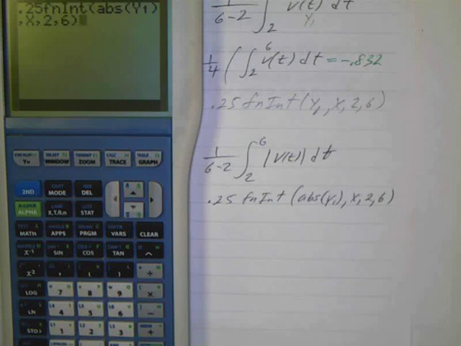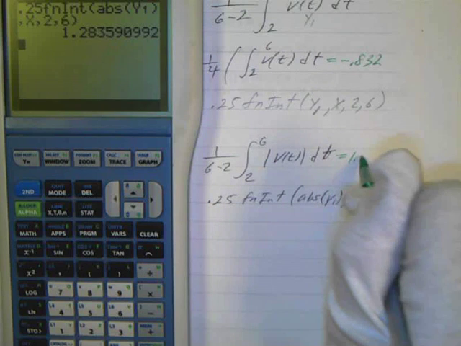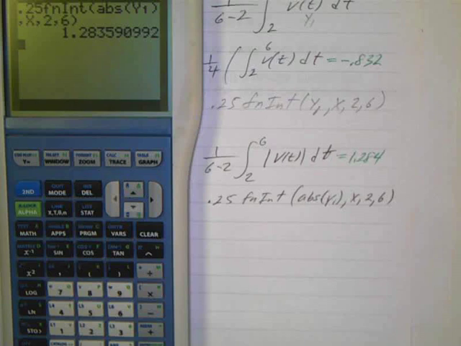So there you go, double check everything, make sure everything's put in, and poof. That should give me the average speed, or the average value of the speed on that interval. And we get 1.284. All right, so I hope that makes sense.